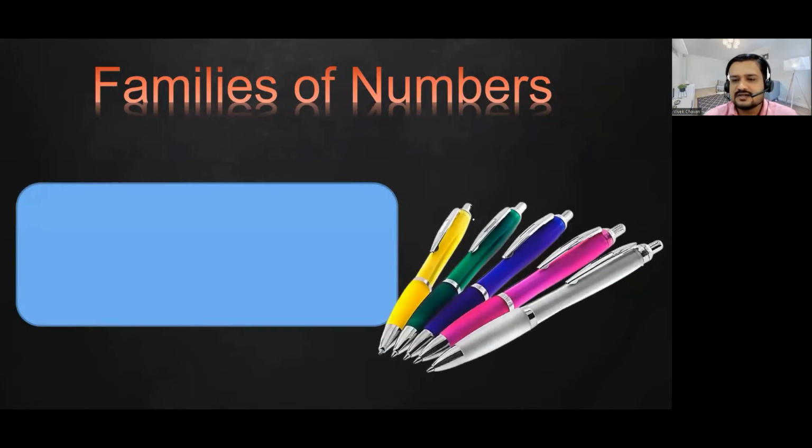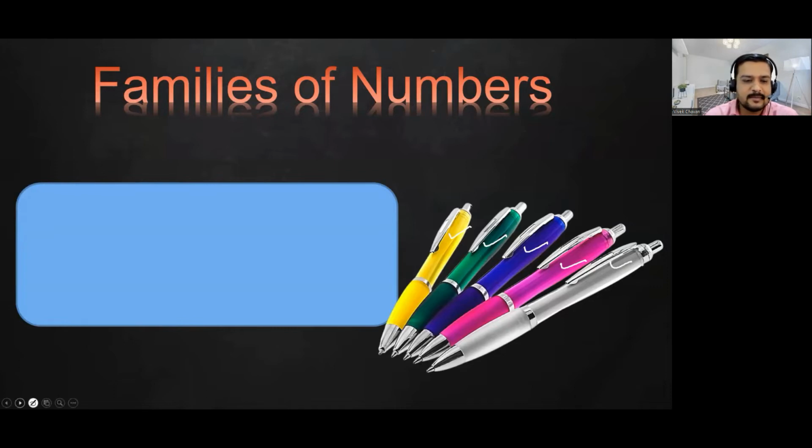So these are the pens. Now how many pens are there on the screen? How many pens are there? 1, 2, 3, 4, and 5. 5 pens are there. And we started the counting from 1. Yes or no? We started the counting from 1.